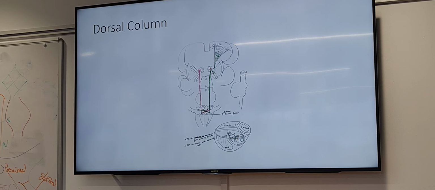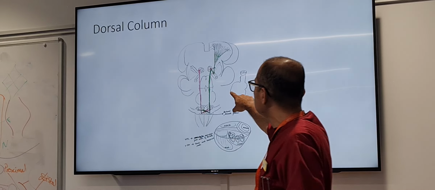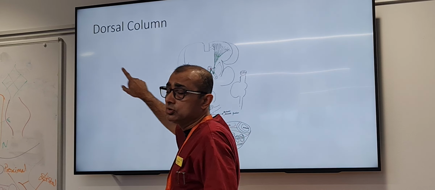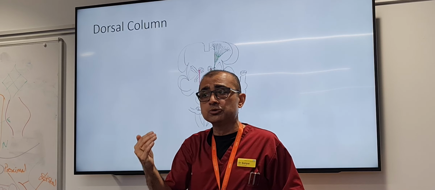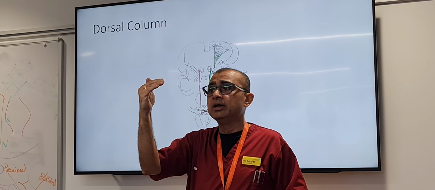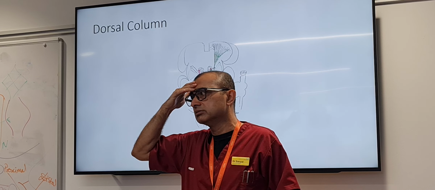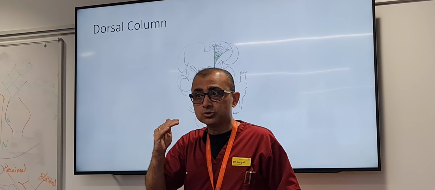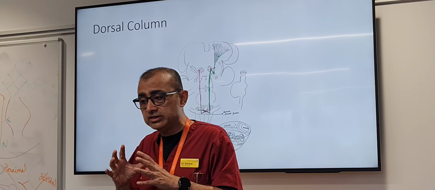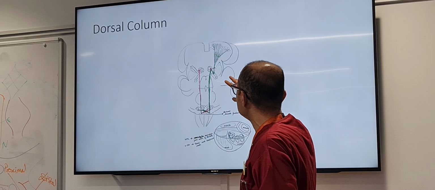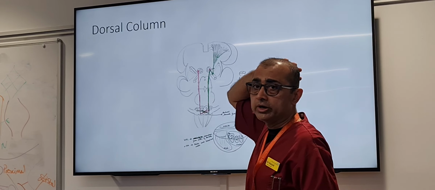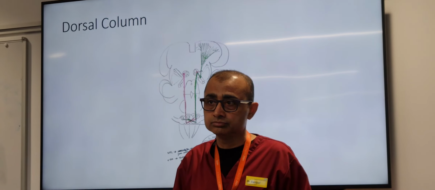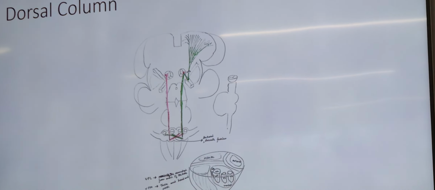Then they go through the posterior limb of the internal capsule and relay in which nucleus of the thalamus? The VP, the ventroposterolateral nucleus of the thalamus, and from there they go to the parietal lobe for conscious awareness of that.